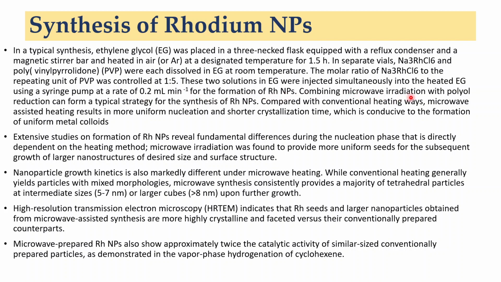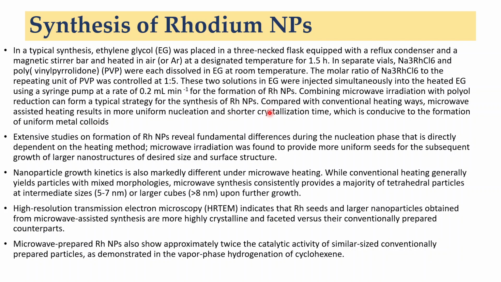Combining microwave radiation with the polyol reduction can be a typical strategy. This is the first method, and the second method is the ethylene glycol method plus the microwave irradiation method. Compared to the conventional heating ways, microwave assisted heating resulted in more uniform nucleation and shorter crystallization time, which is conducive to the formation of uniform metal colloids.